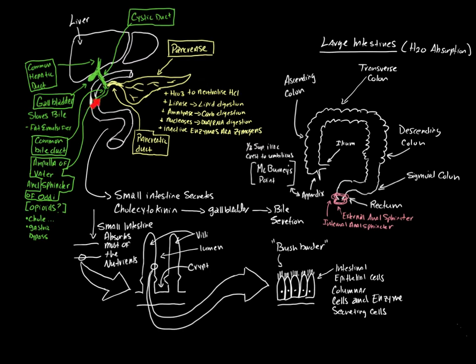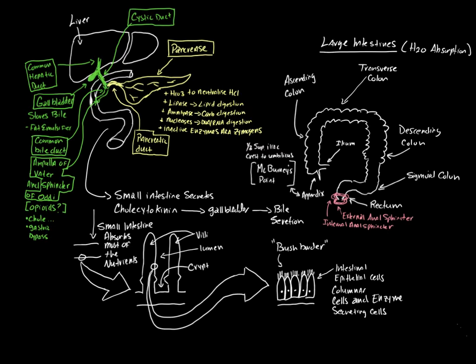That's a little opening, and then it gets secreted out in here into the small intestine, into the duodenum. You guys okay with that? So you have bile and pancreatic chemicals getting released into the small intestine.